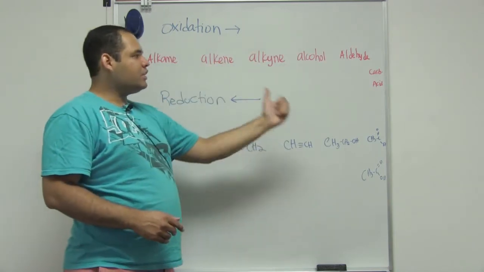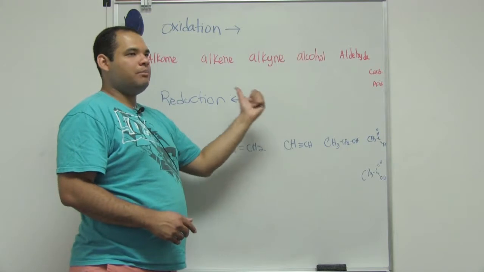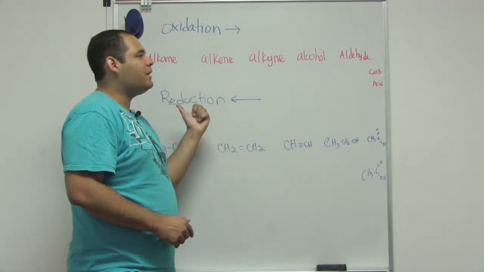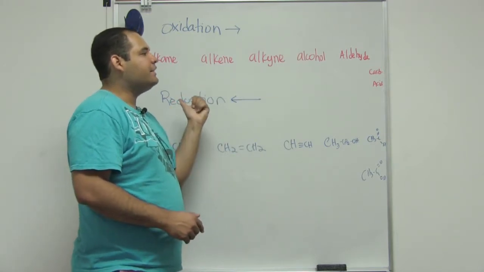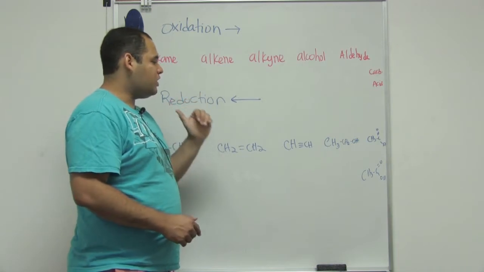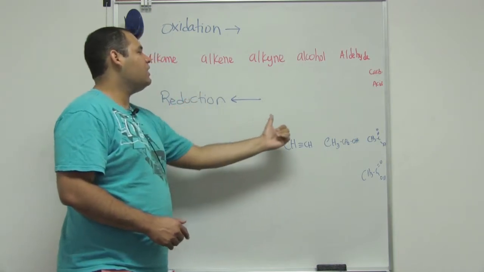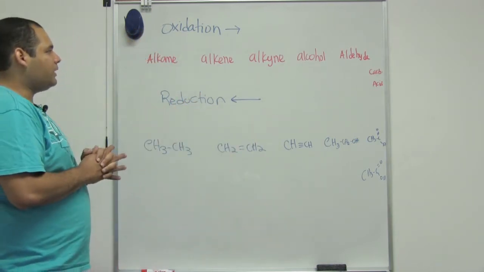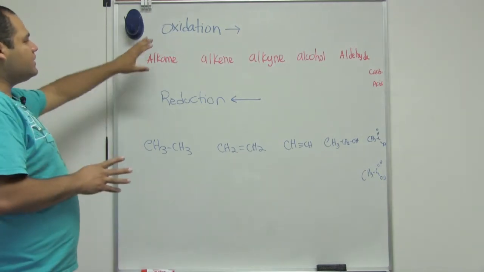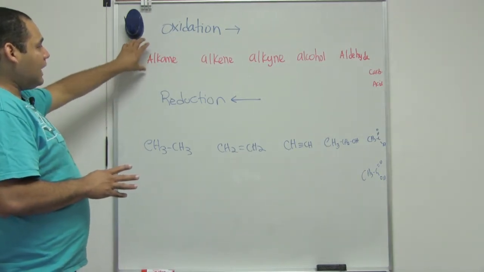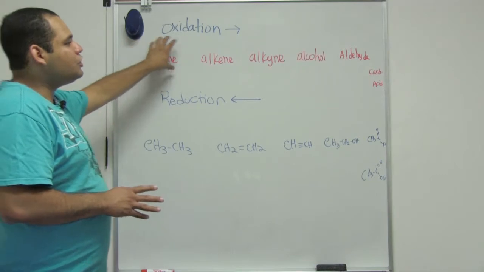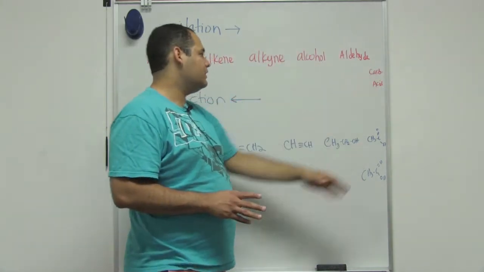And the reverse, as we increase the number of bonds between carbon and hydrogen and decrease the number of bonds between carbon and oxygen, then we reduce our molecule. So always remember, oxidation happens from the alkyne to the carboxylic acid.